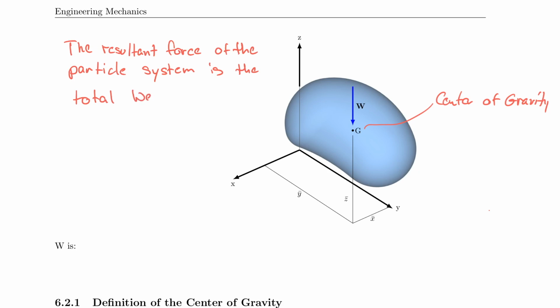But a mathematician would never say it that way. A mathematician would probably say that W, which is given in the picture that you see here, is equal to the summation.